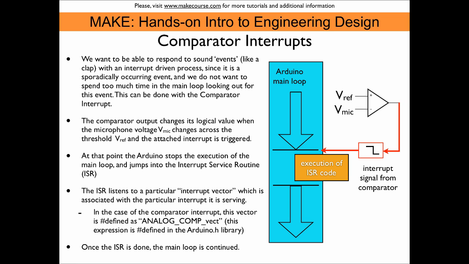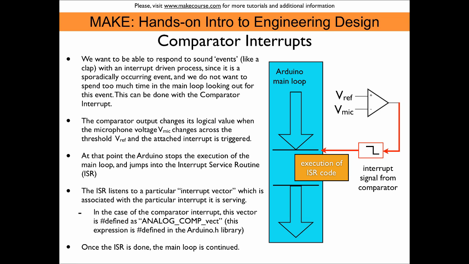So what we would like to achieve is that every time the microphone puts out a voltage that exceeds a certain voltage level, an interrupt is being triggered, and we then respond to this interrupt with an interrupt service routine.